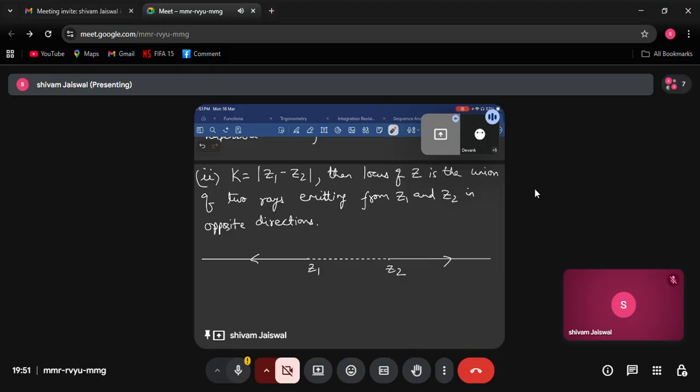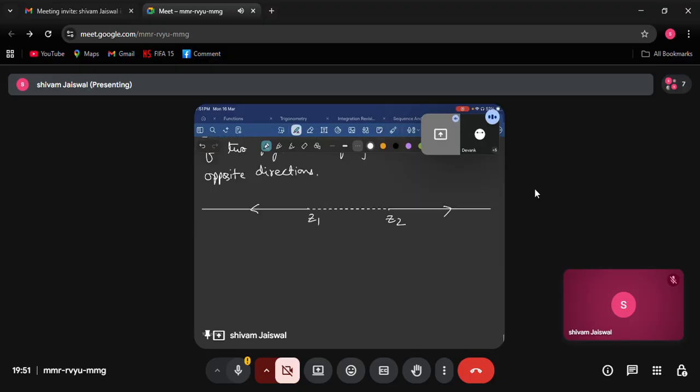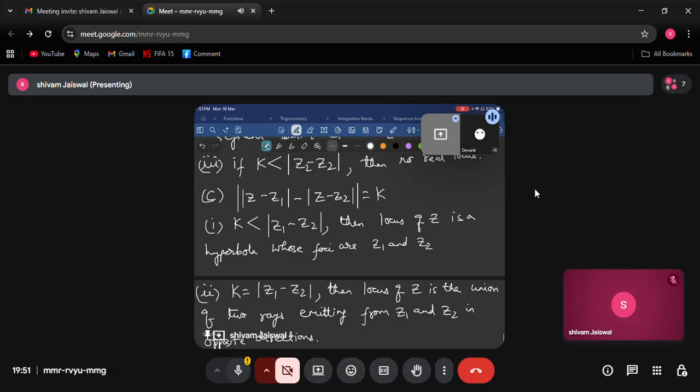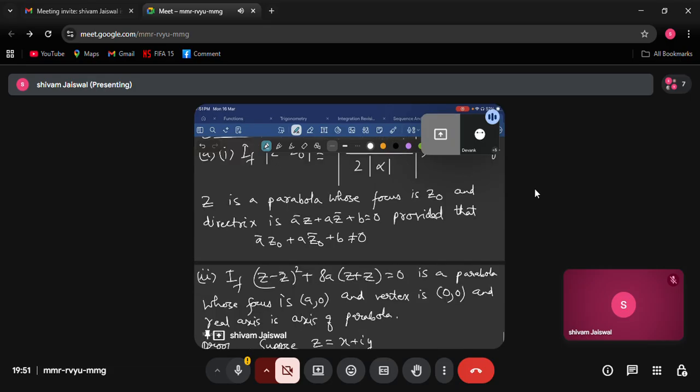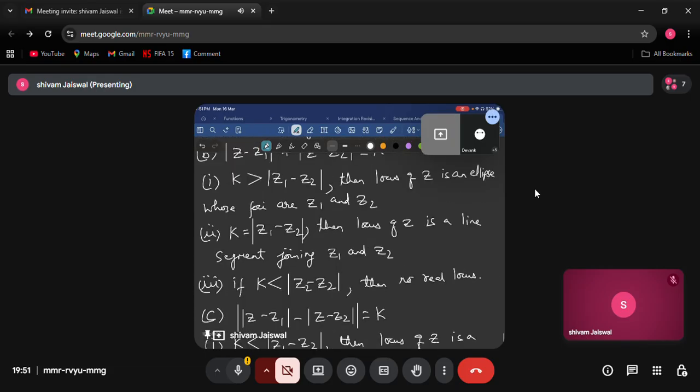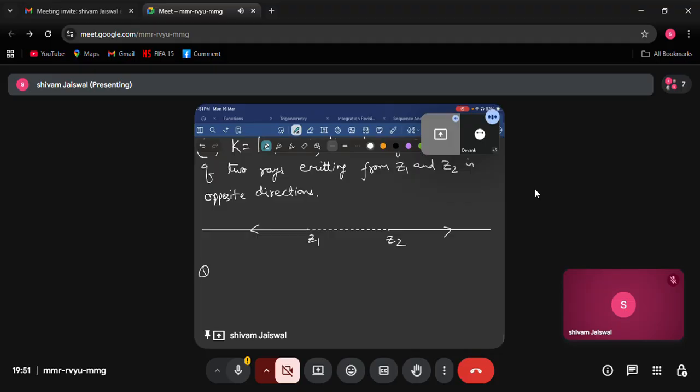Okay, one last problem from complex numbers. This completes our complex numbers, everyone. Question number 4. After this, we'll start with a new chapter.